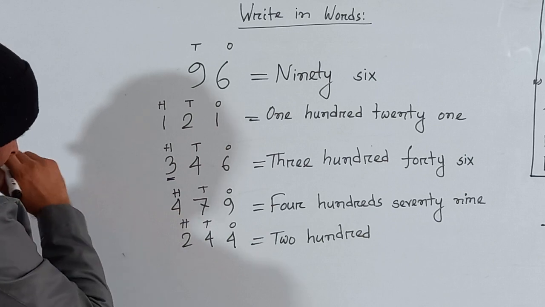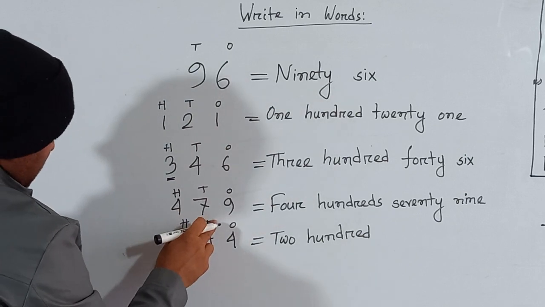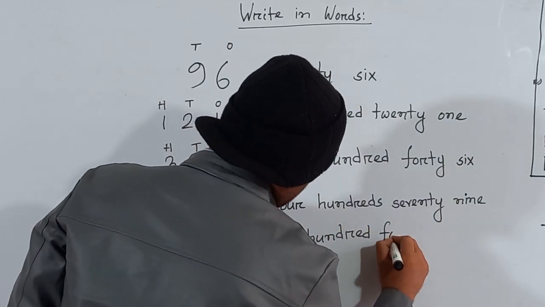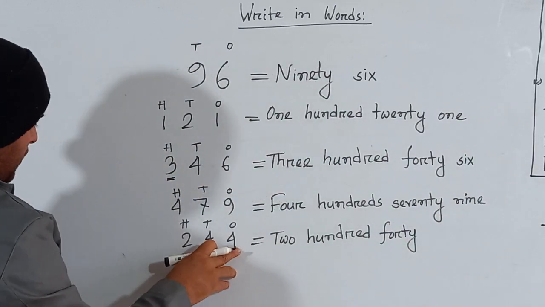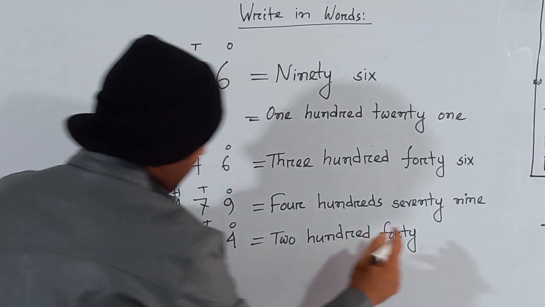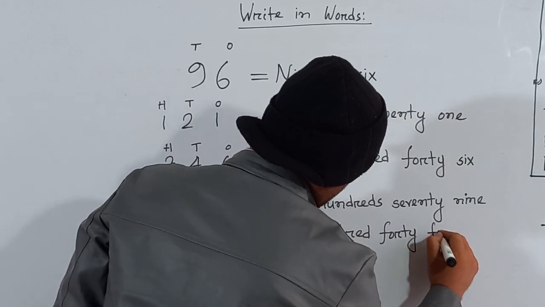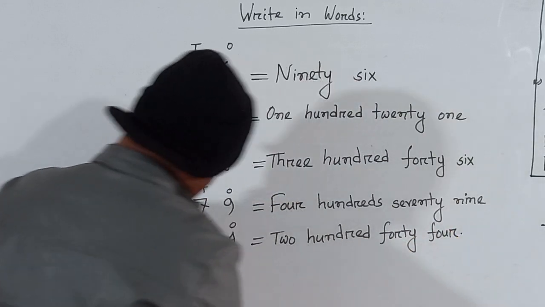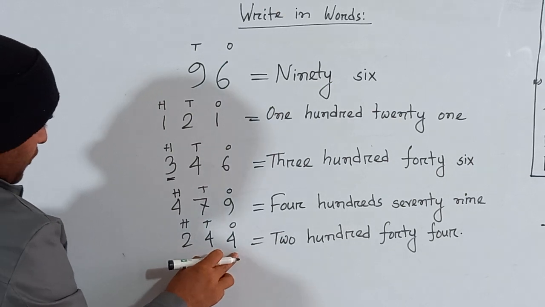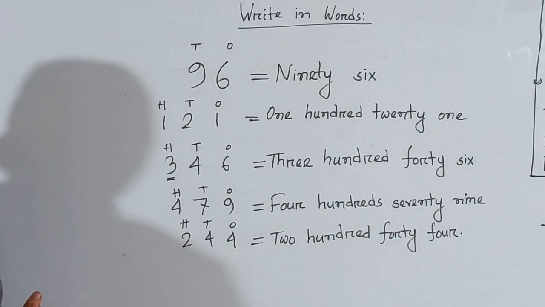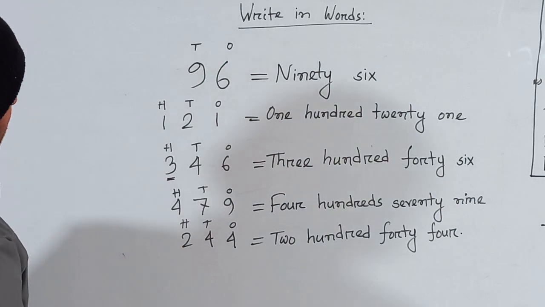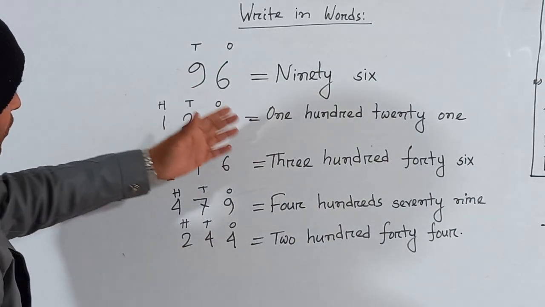How many tens are here? 4 tens. 4 tens means 40. So here we can write FORTY, 40. How many ones are here? 4 ones. 4 ones means 4. So 44. So 244 is 244. My dear students, hope you understood how we can write words.